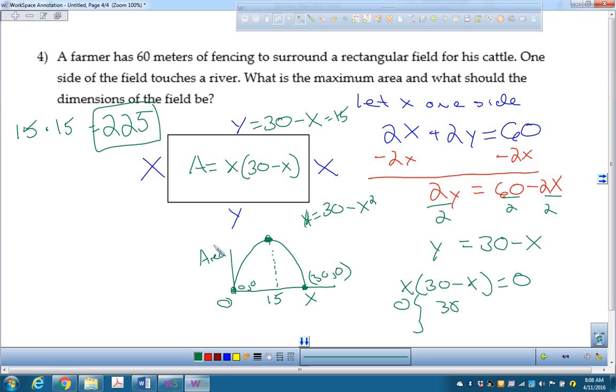So first, I could have also looked at this equation, 30x minus x squared, and found the vertex.